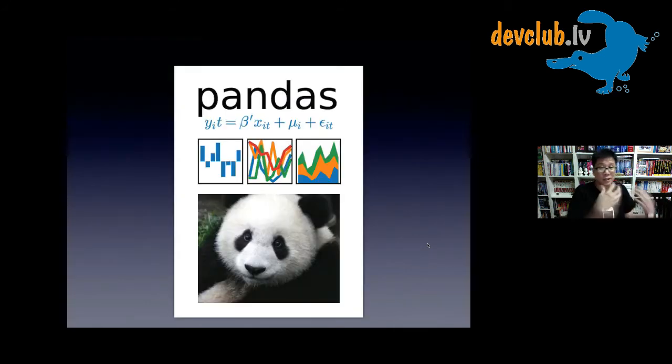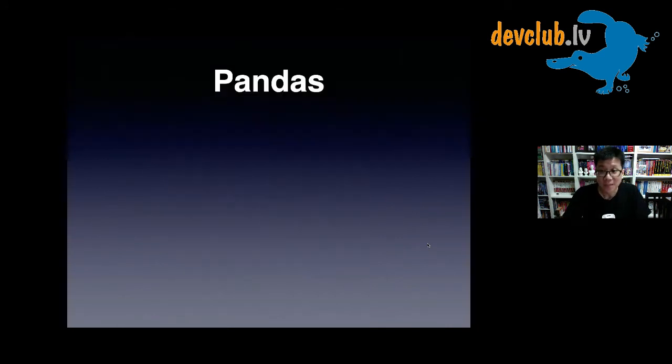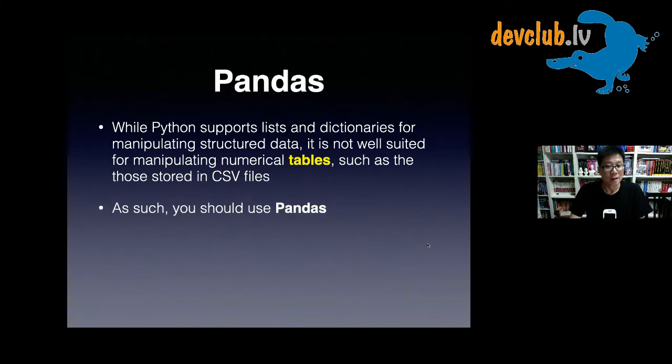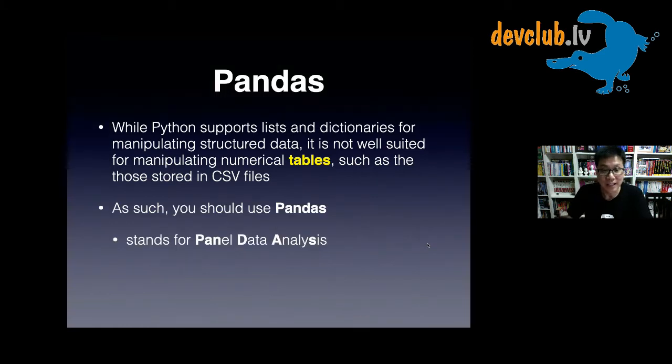Now, the next library that you want to talk about when you want to do data analytics is Pandas. What is Pandas? Pandas stands for Panel Data Analysis. It is basically a library that allows you to manipulate your data that is stored in a table format.